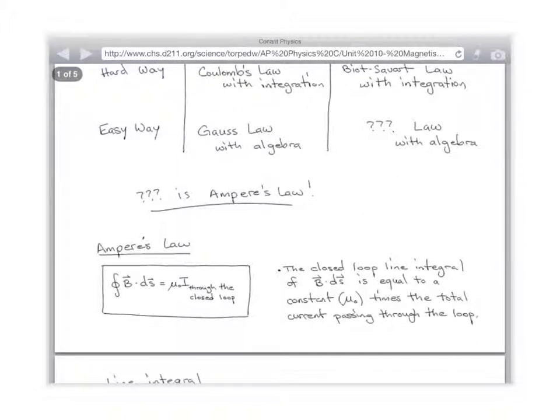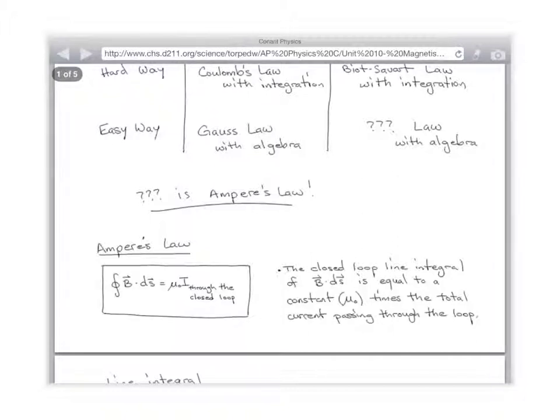If you have a long straight wire and you did a loop around that wire, the closed loop line integral around that wire of the magnetic field dotted with the length of the wire is going to equal what? Well, instead of charge enclosed, we're going to do current through. So there's current flowing through this wire, so mu naught times the current through.